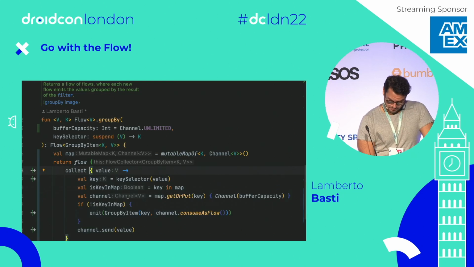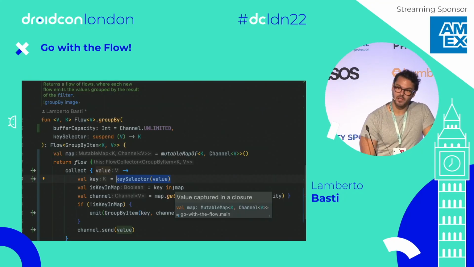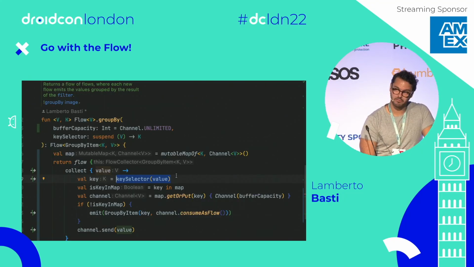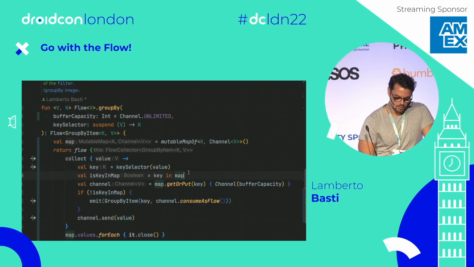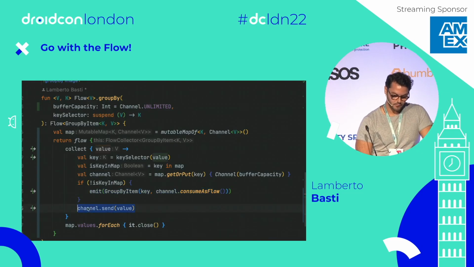But what if during the key selection function passed by the user, there is an exception? What if while emitting this guy here, or here, the coroutine scopes get closed? It happens.